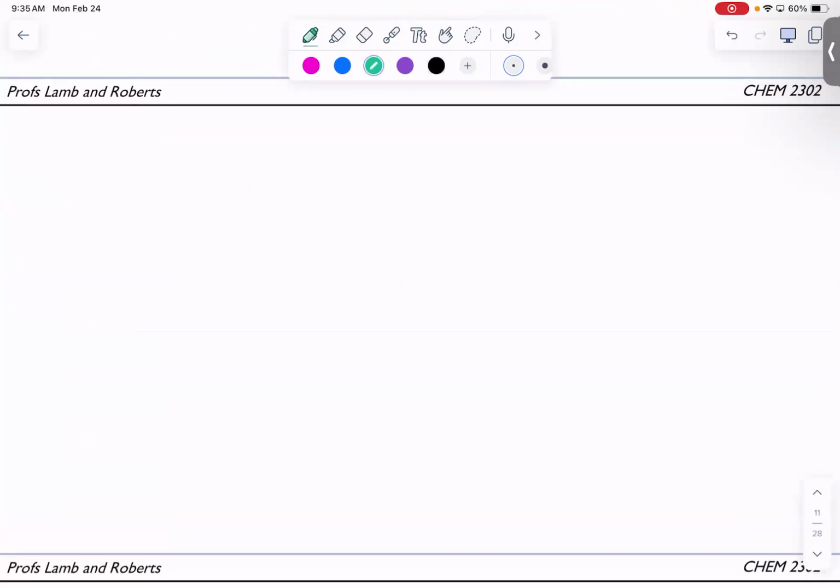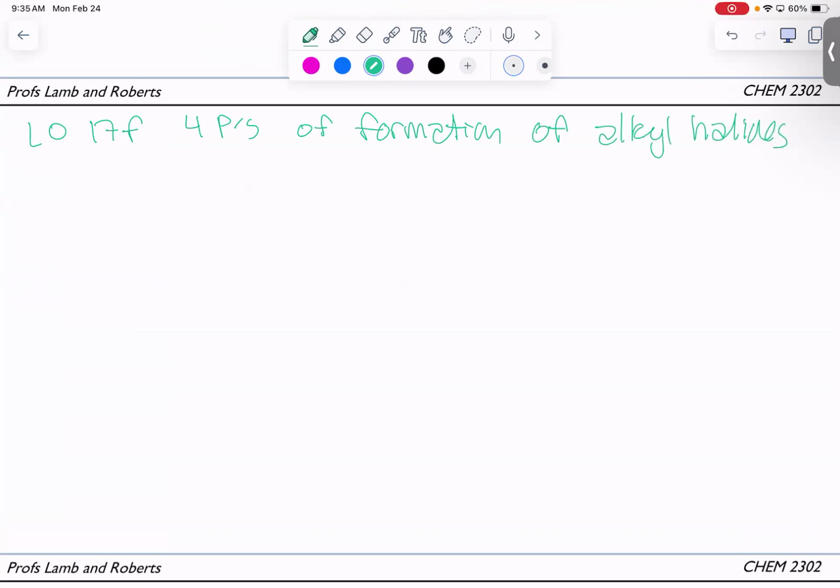All right, so we have learning objective 17F. This is another 4 Ps. All right, so this is the 4 Ps of formation of alkyl halides, as well as alcohols. And we'll see these will all funnel towards the alkyl halide at the end, but we go through an alcohol intermediate.